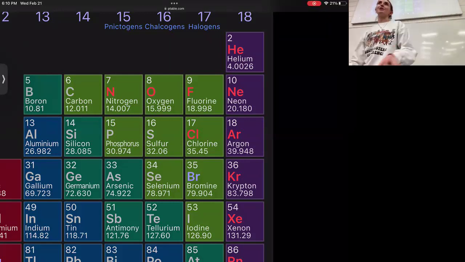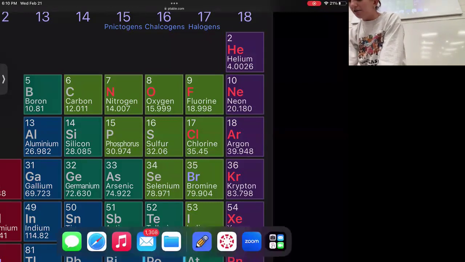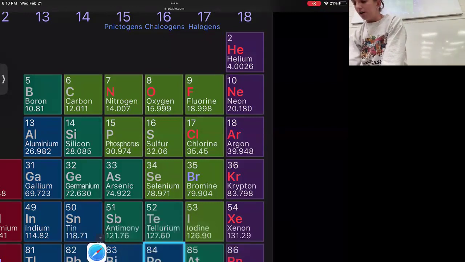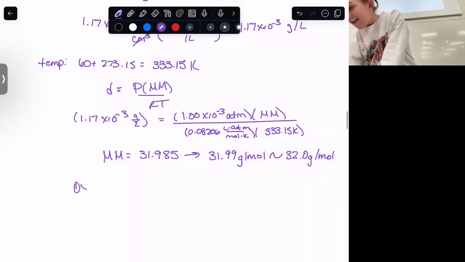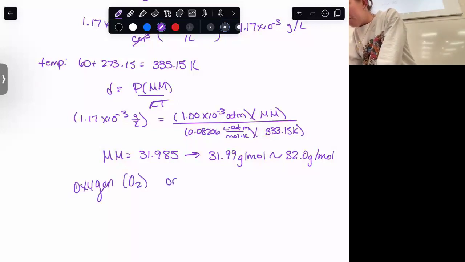So for this particular question, your answer is going to be oxygen, but I would have accepted sulfur too, because you just looked at your periodic table. Oxygen, sulfur, I'm going to take either one of them. Just happy you're participating. It's oxygen because it's diatomic, but I would also accept sulfur.